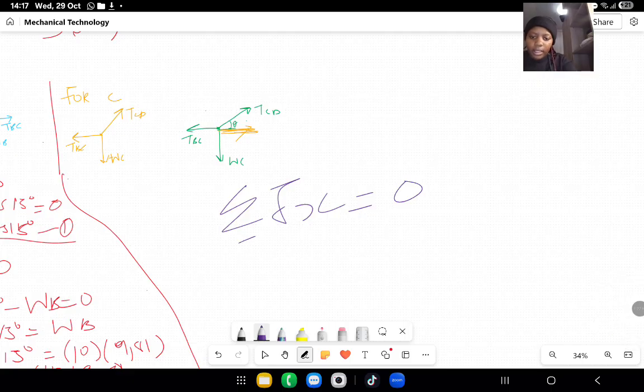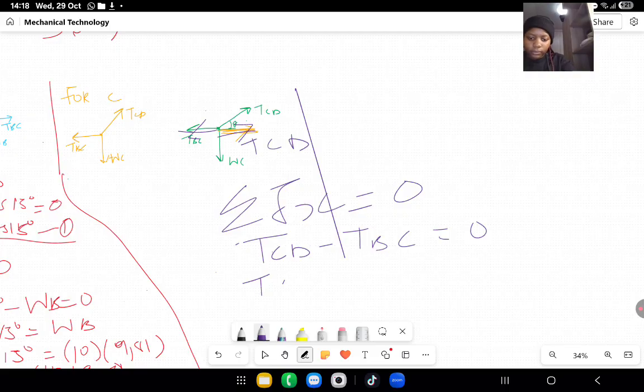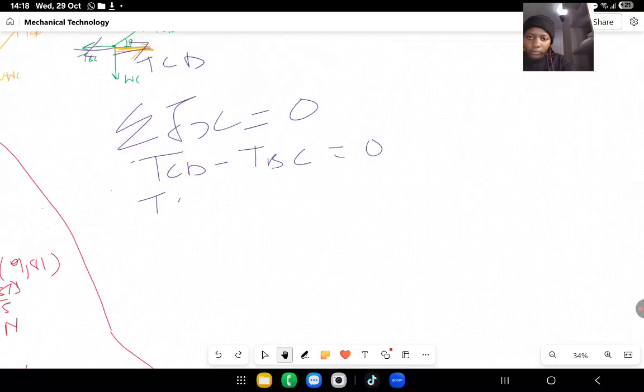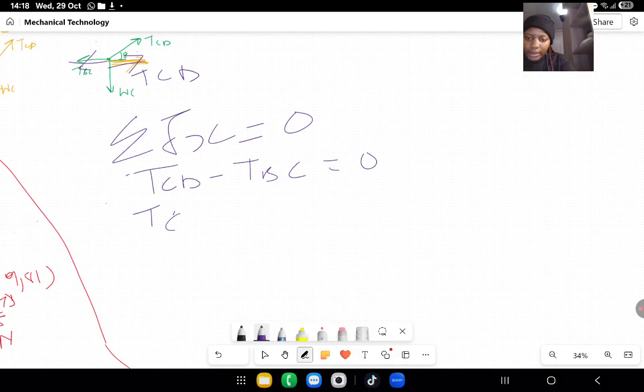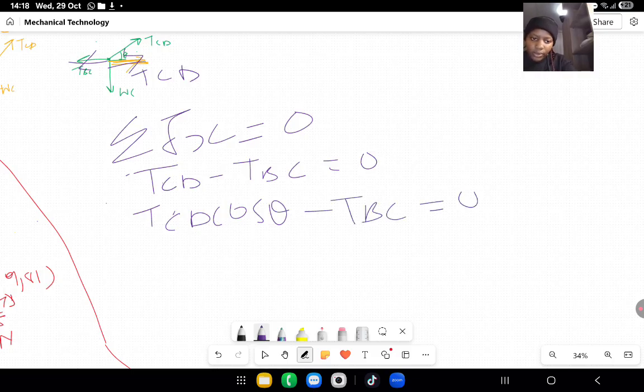Then we will say tension at CD minus tension BC equals 0. This one is negative, then this one is positive. This one is for TCD. So it will be TCD, the cos of theta, this angle, minus TBC equals 0.